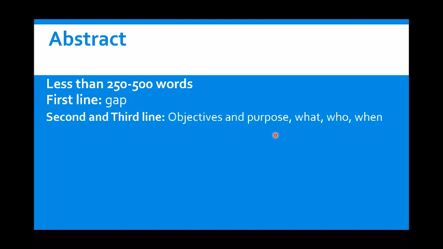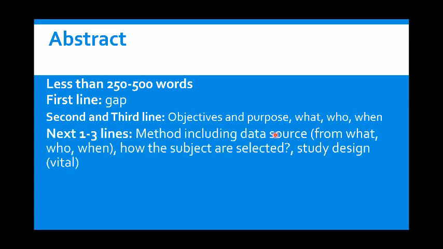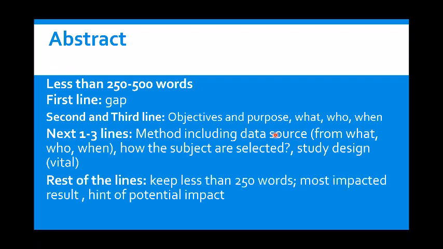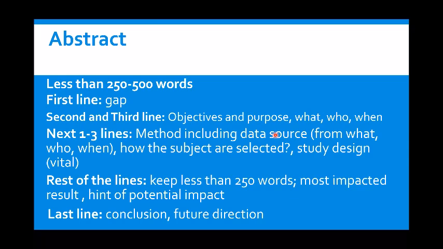The next two lines talk about the objective and the purpose of the study. The next few lines speak about the methodology, the study design, the selection, and so on. The rest of the lines usually talk about the result and the potential effect of the study. And the last line should talk about the conclusion or future direction.